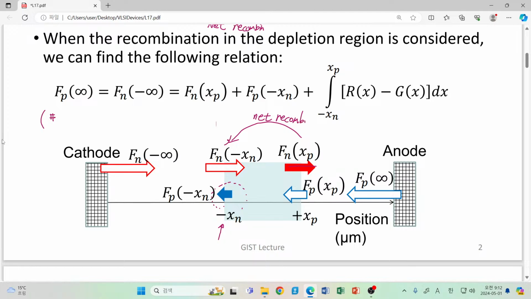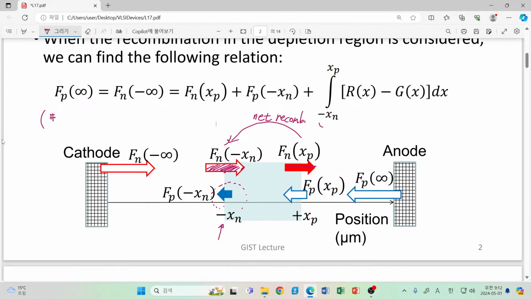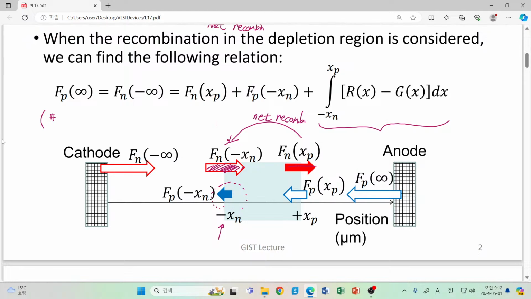Then we will have the flux evaluated at this point. By summing these two terms, eventually we will get the flux which is constant all over our system. That's the point. So now you understand the reason why we have this additional form. This additional form was introduced just to describe the integrated net recombination form.